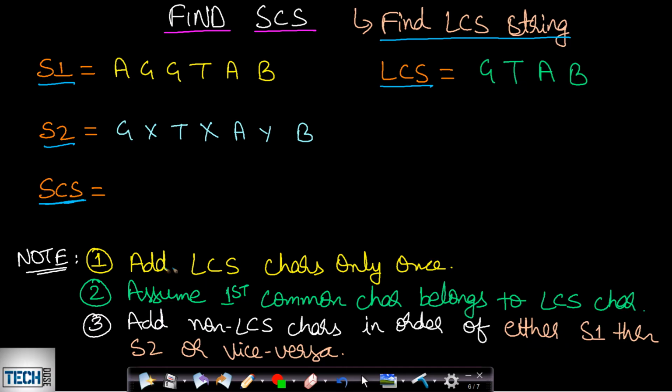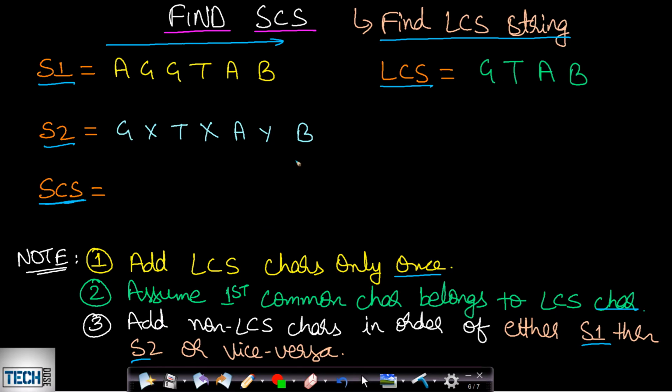Okay, so add LCS characters only once and assume that the first common character belongs to the LCS character, because we will be moving from left to right, and whatever character is coming common first will be taken as the LCS character. That I will be showing you by a dry run. Okay, that will be better to understand. Now the third point is add the non-LCS characters in order of either S1 then S2 or vice versa.